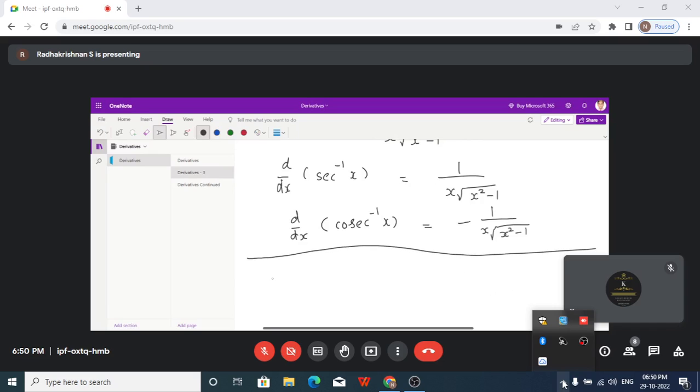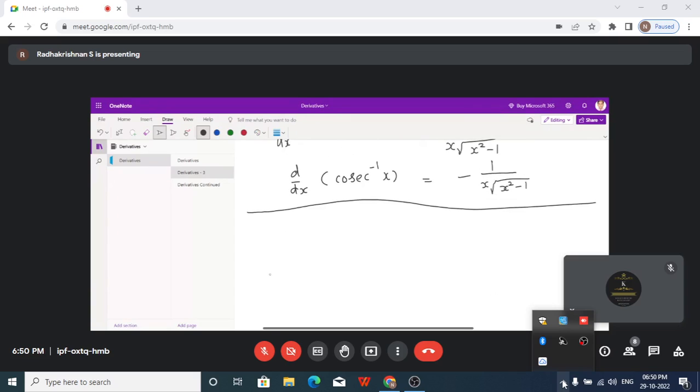Let's do a problem now. y equal to sine inverse of 1 minus x square divided by 1 plus x square. Okay.